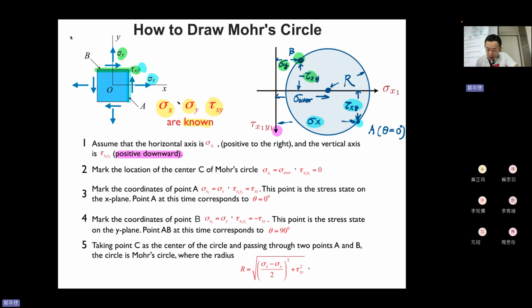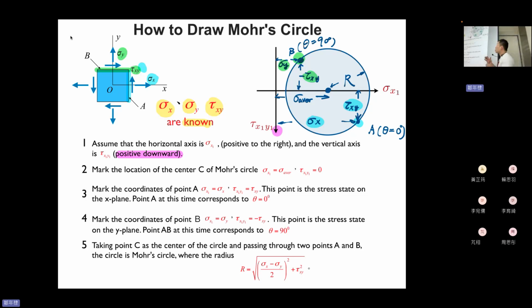And the B point represents this surface, which means B actually represents theta equal to 90 degrees. Okay, so that's how you draw a Mohr circle.